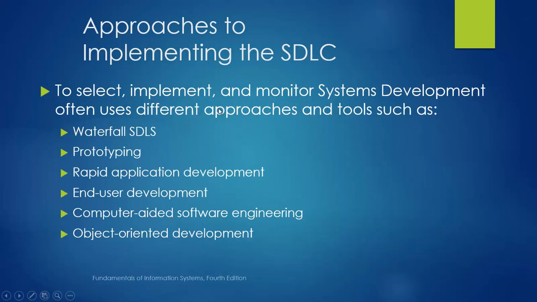Some of the very well-known approaches to implement a successful system development life cycle are the waterfall system development life cycle, the prototyping, rapid application development, end user development, computer aided software engineering, object-oriented development, and some of them like tools that can be used together or can be joined together to produce the proper system needed for the organization.